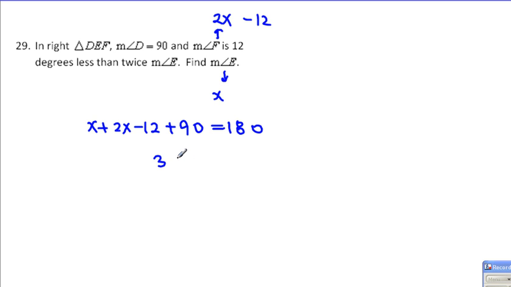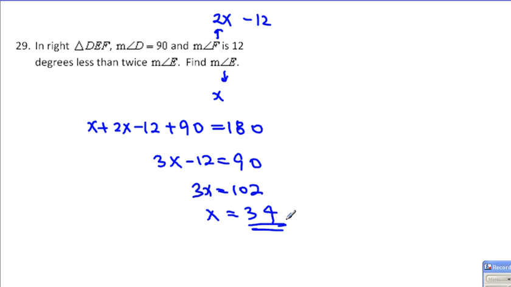Then we have 3x minus 12 must be equal to 90. Then 3x must be equal to 102, which makes x equal to 34. Alright, that's our answer. Let us move on.